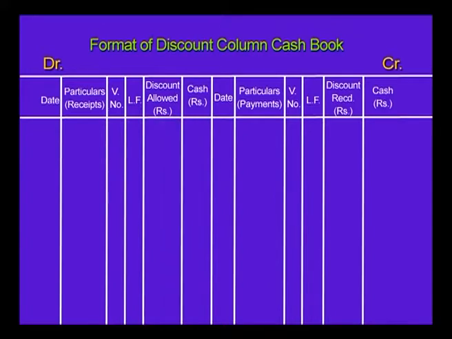The debit side amount column for discount, that is column number 5, records the amount of cash discount allowed to customers, and credit side amount column for discount, that is column number 11, records the amount of cash discount received from suppliers. Now, let us understand the way transactions are recorded in a 2-column cash book.